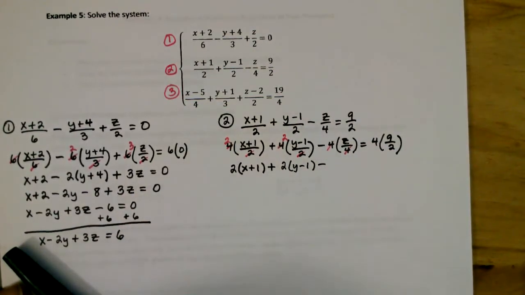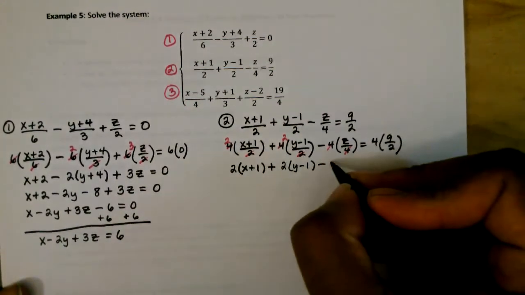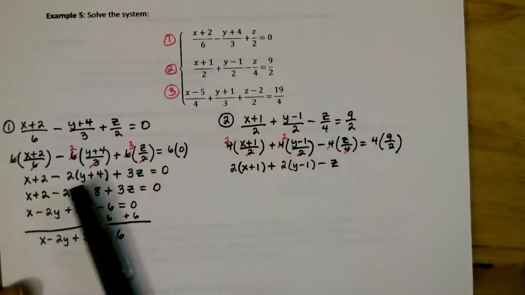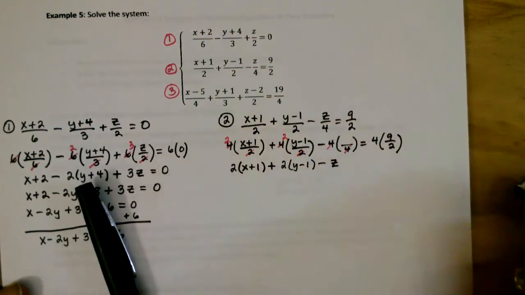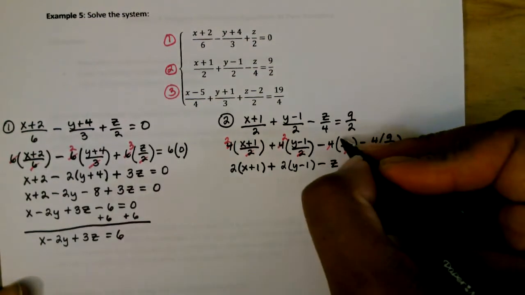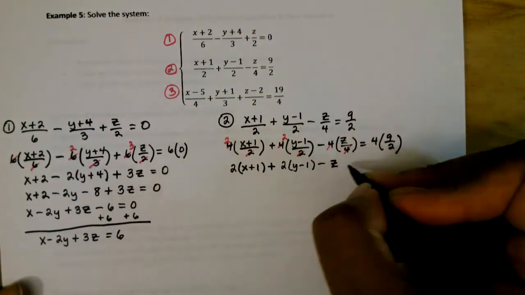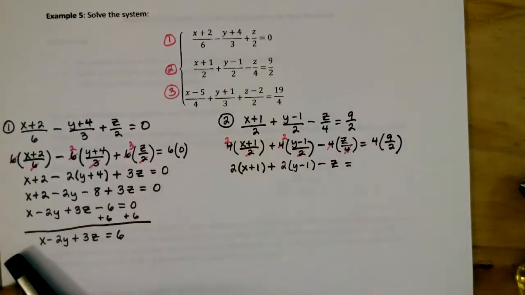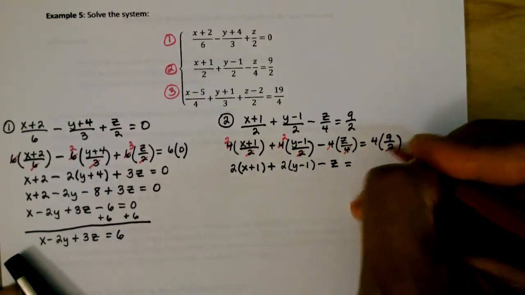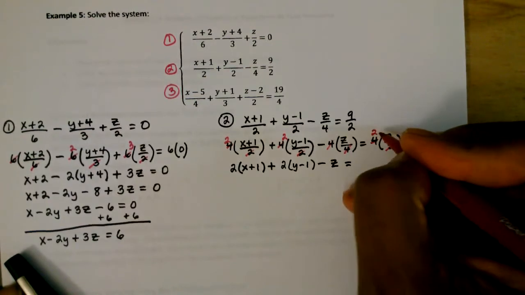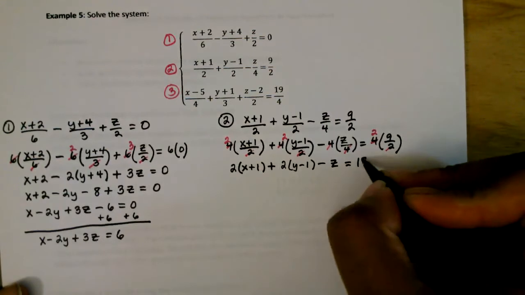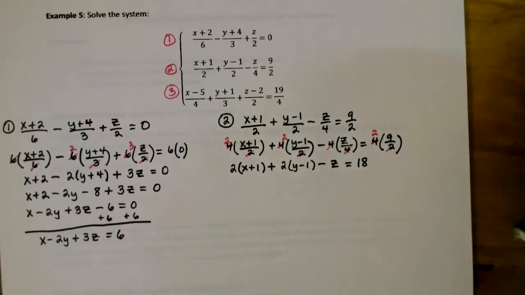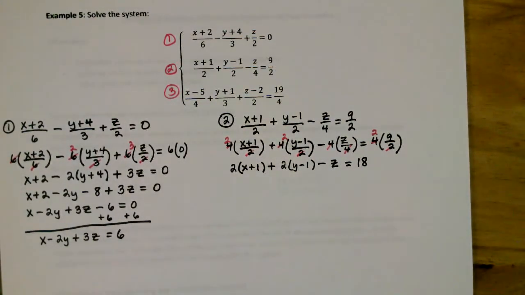I'm left with a z. By the way, let me go ahead and make that z look like a z. Then that's equal to, divide 2 into 4, that's going to go 2 times. Then if I multiply the 2 times that 9, I'm going to get 18. So here I have an equation without fractions in it.